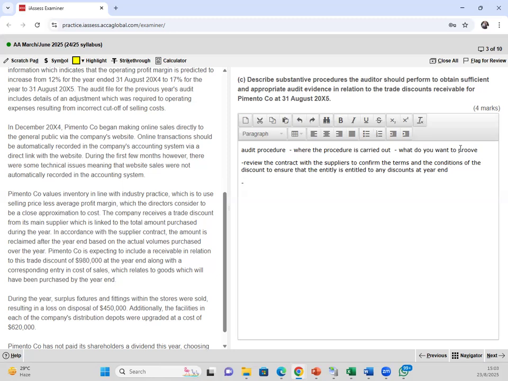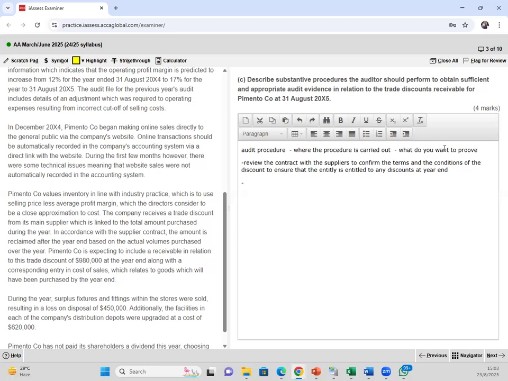Then also, there is an issue of estimations that is being mentioned. In accordance with the supplier's contract, the amount reclaimed after the year end is based on the actual volumes. So what can we say?